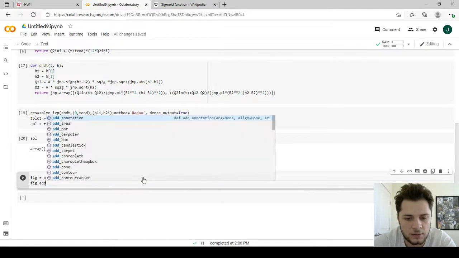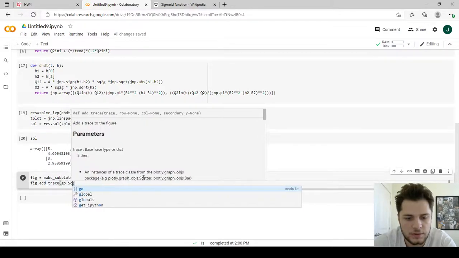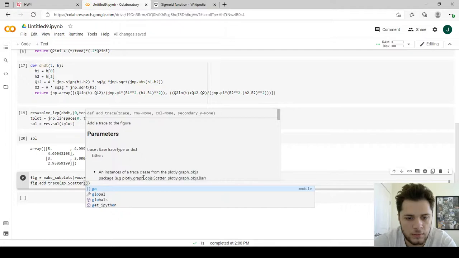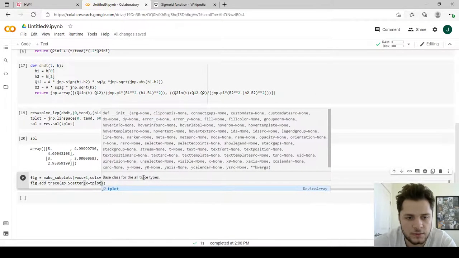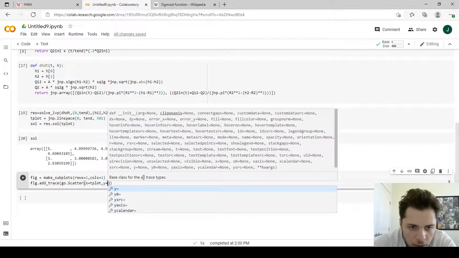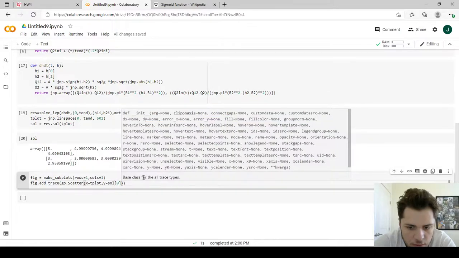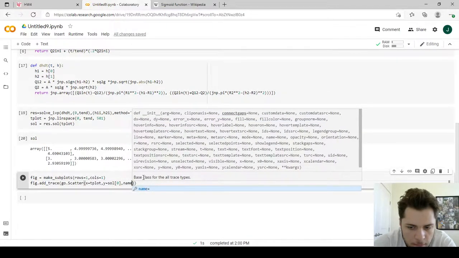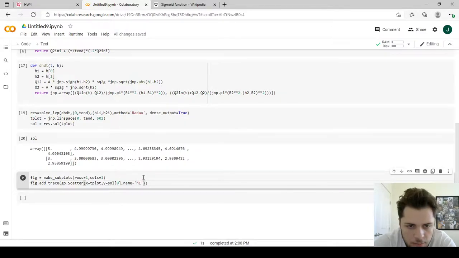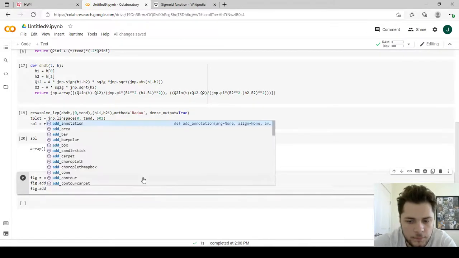So fig.add_trace, graph_objects, and I want a scatter plot, and I want my x to be equal to tplot. So my x is my seconds, 1 second for every point. And my y is going to equal the first index of that sol, so sol 0, and we'll name it height 1 because that's the index I'm getting, and the same thing for height 2.